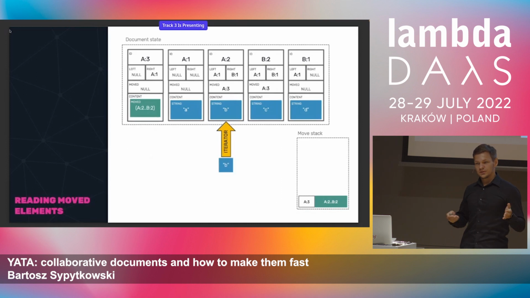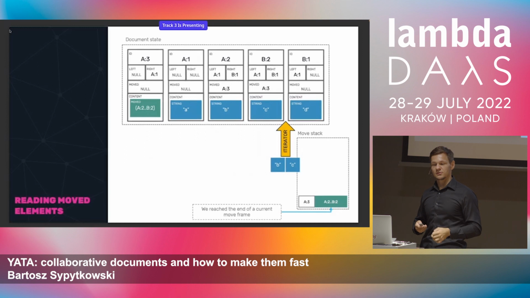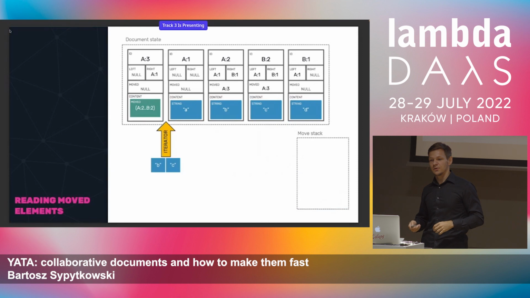Our iterator iterates over it, reads B, because this was the content of that block. Then go to the next block on the right, take C. Then go to the next block, and we see that we reached the end of our range from the current move frame. So once we reach the end, we remove this move frame and go back to the origin point, just like a function return address, and then we can move onward.